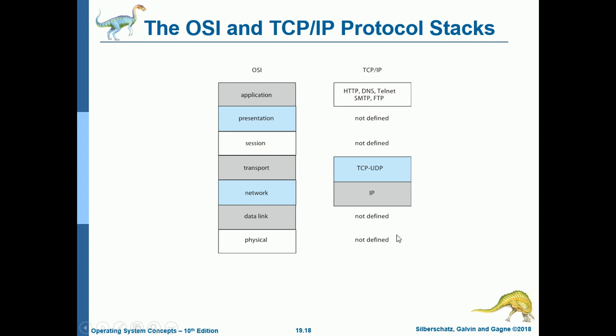So physical and data link are not defined in TCP/IP, nor are the session and presentation layers. But for the TCP/IP protocol, IP is equivalent to network. Then TCP/UDP is for the transport. UDP is User Datagram Protocol. And then we have the application.